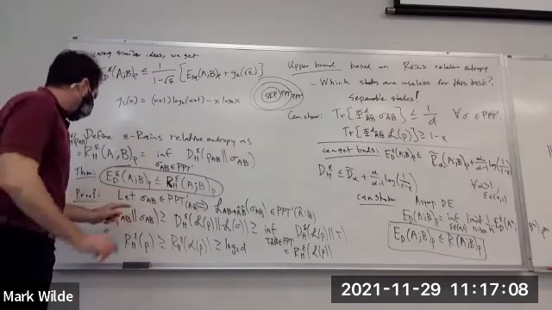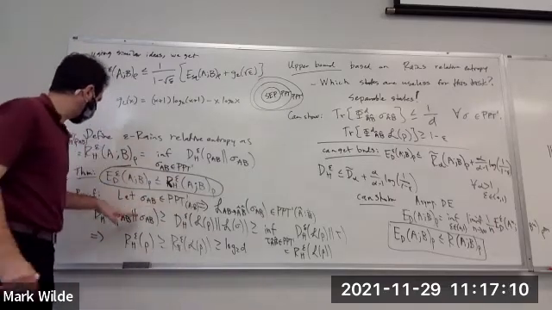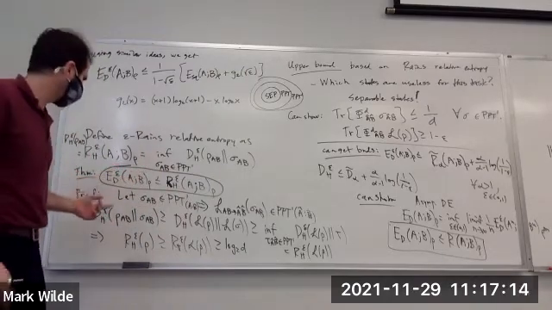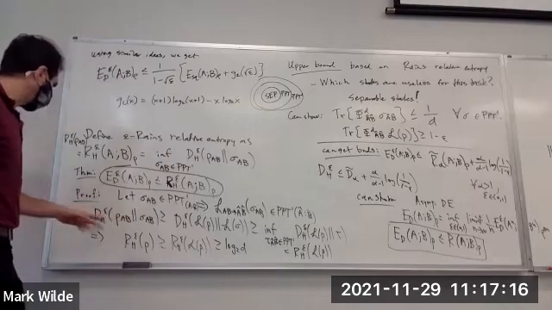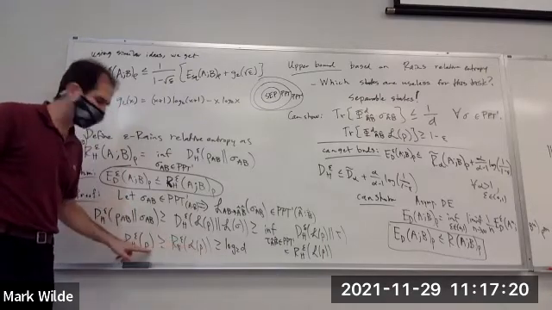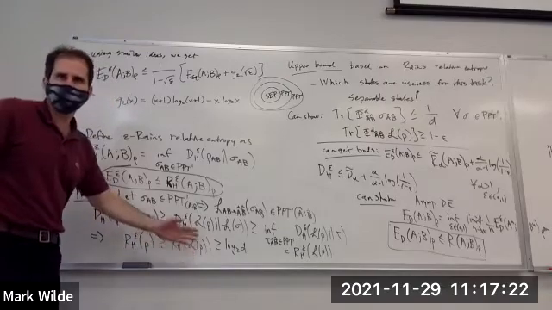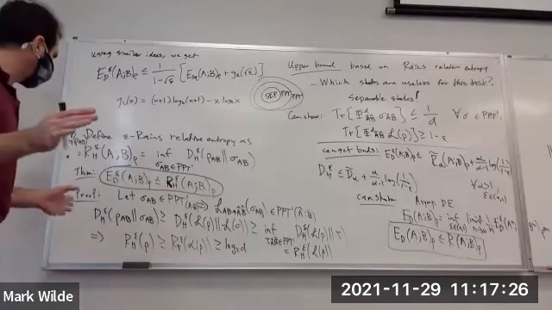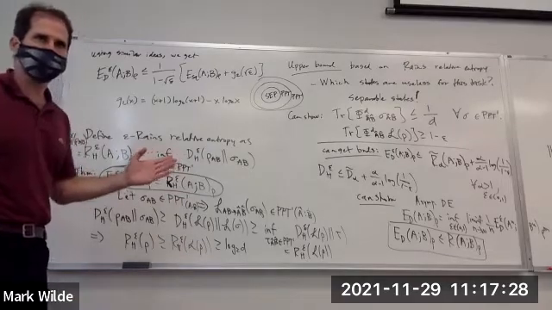Here, actually, this proof right here is essentially saying that this range quantity is an entanglement monotone. Why? We used it to prove that if you apply an LOCC channel, then the quantity does not increase. That's the definition of entanglement measure. Right? So we know that squash entanglement is an entanglement measure.